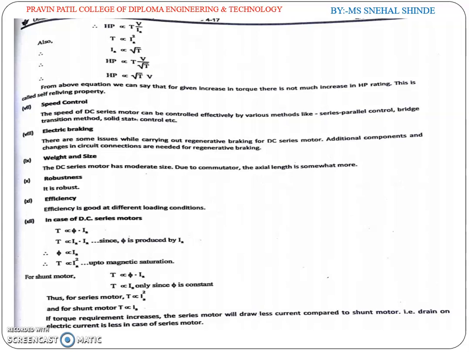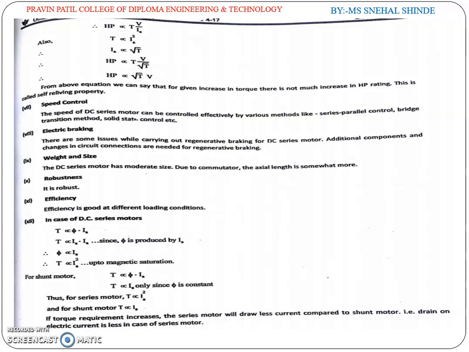In case of the DC series motor, T is proportional to phi into Ia. T is proportional to Ia into Ia since phi is produced by Ia. So phi is proportional to Ia, therefore torque is directly proportional to Ia square up to magnetic saturation. For the shunt motor, torque is proportional to phi into Ia, so T is proportional to Ia only since phi is constant.